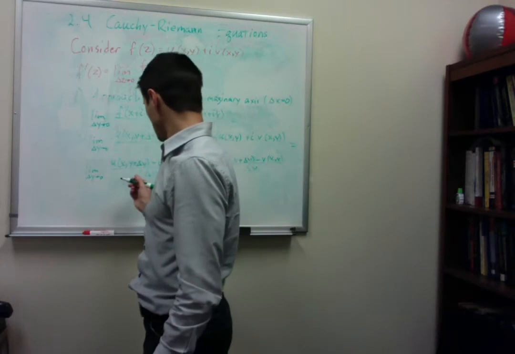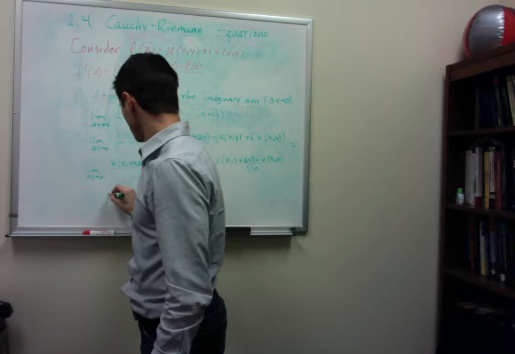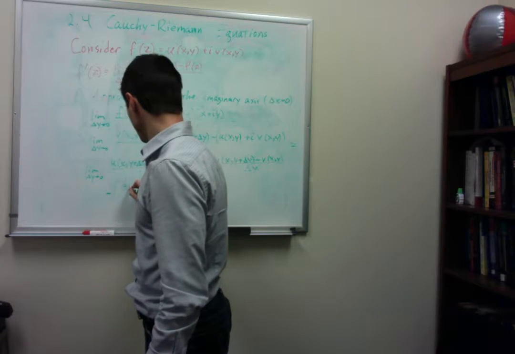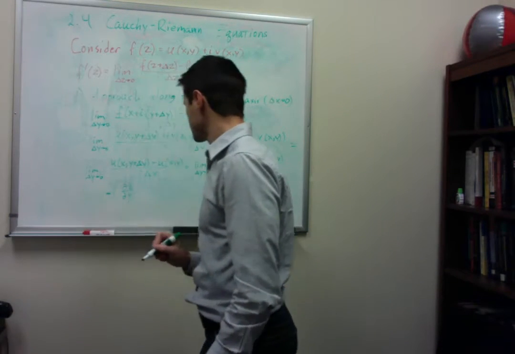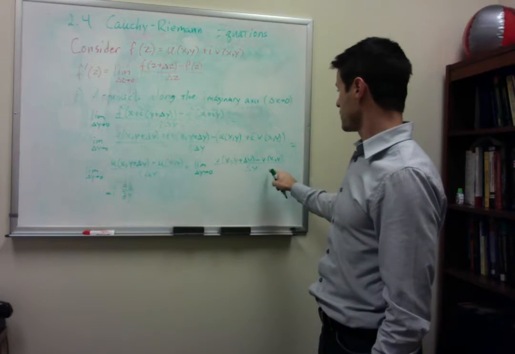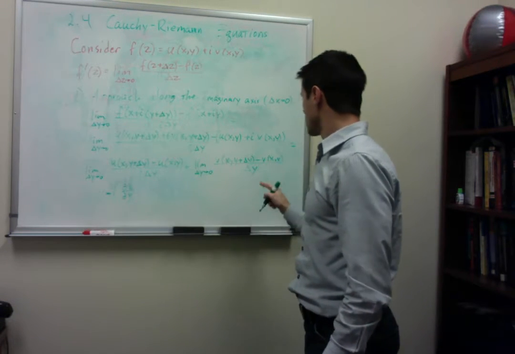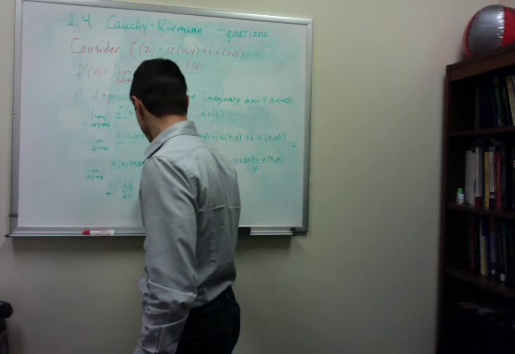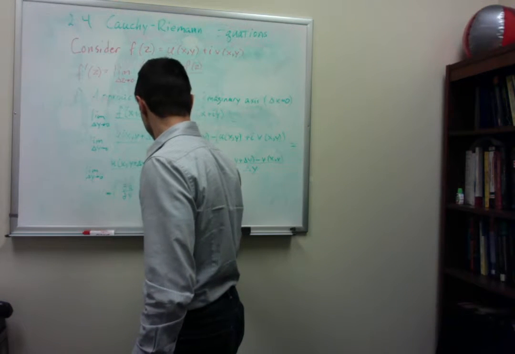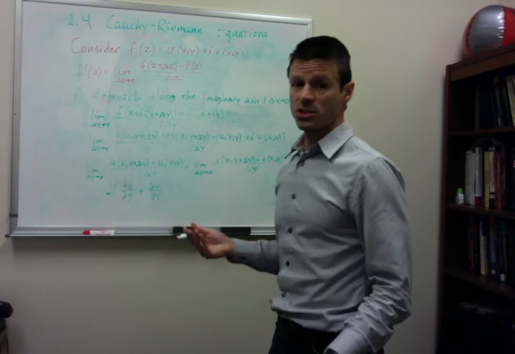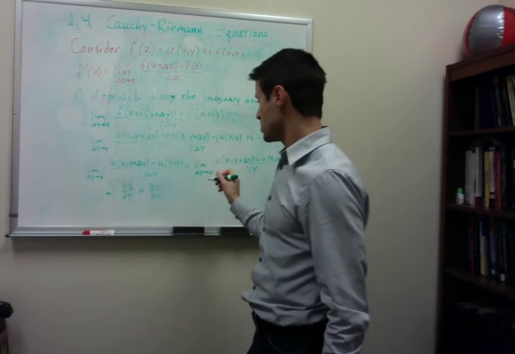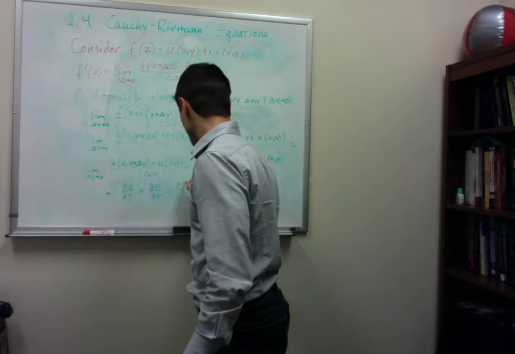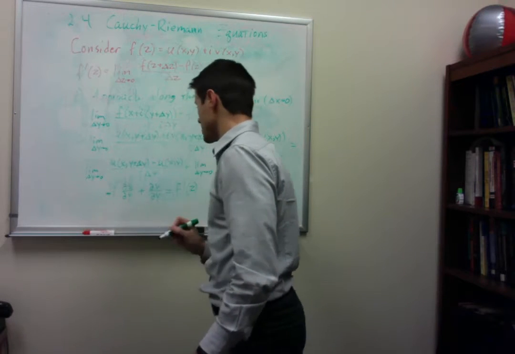So this limit here on the left is minus i du dy, right? And this limit over here is simply dv dy. And since our function is differentiable, this is another expression for f prime of z.